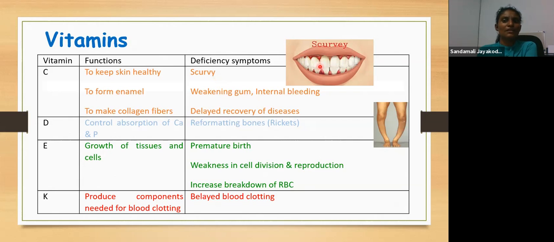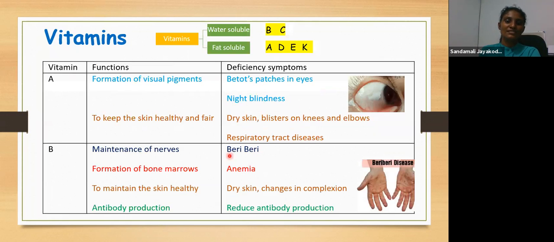We will get bleeding gums, small bleeding from the gums, or internal bleeding, some bleeding inside the body, and delayed recovery from diseases. They are the deficiency symptoms of scurvy. So when you say C, you remember scurvy. Then B reminds you of beriberi disease, letter B reminds vitamin B deficiency.